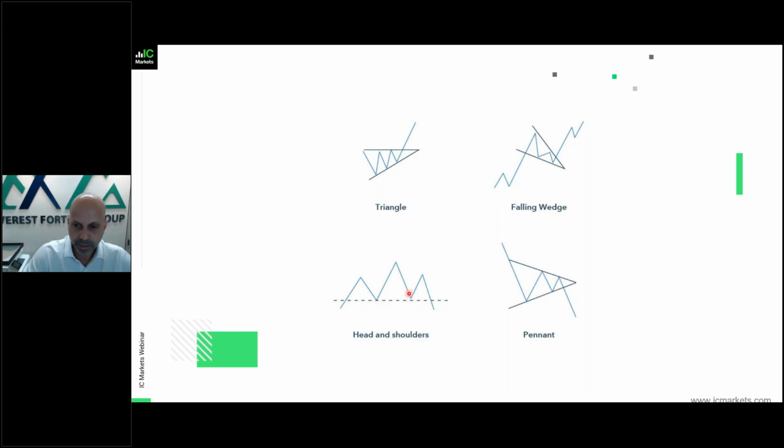When the second shoulder comes up, what we're looking for is price to break through the neckline and potentially drop further. Conversely, for an inverse head and shoulders, you just have to imagine this is inverted, and you're looking for price to break through the neckline after the second shoulder and move higher. Right, okay.